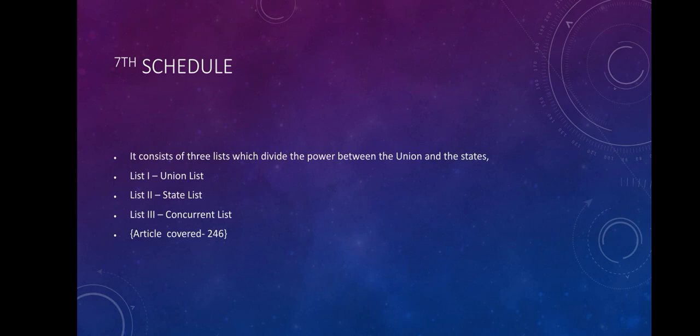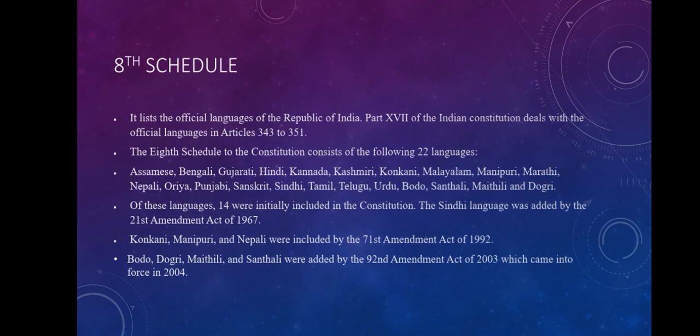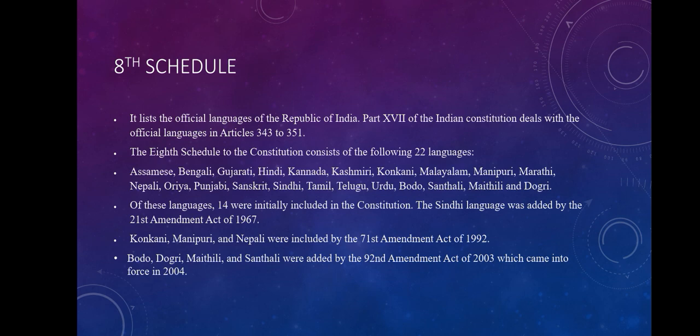Moving ahead with the Eighth Schedule. The Eighth Schedule lists the official languages of the Republic of India. Part 17 of the Indian Constitution deals with the official language in Articles 343 to 351.